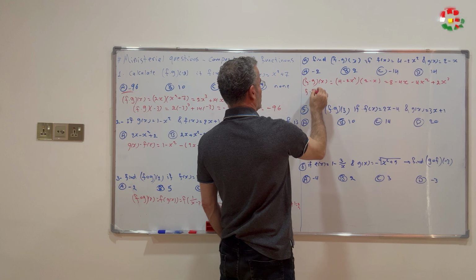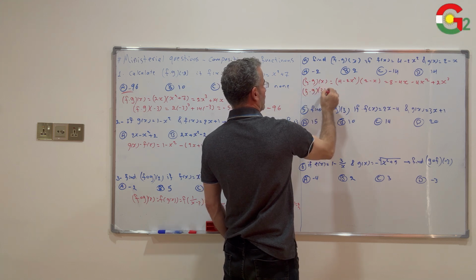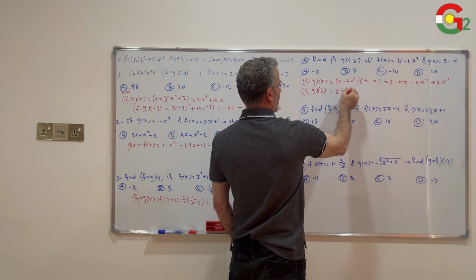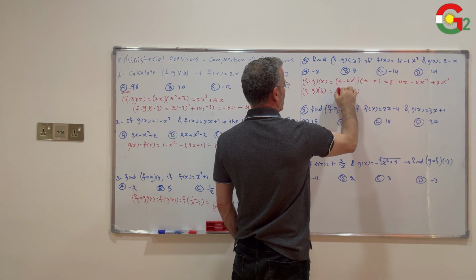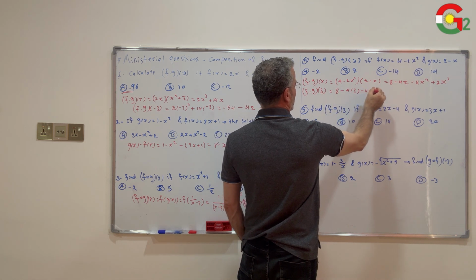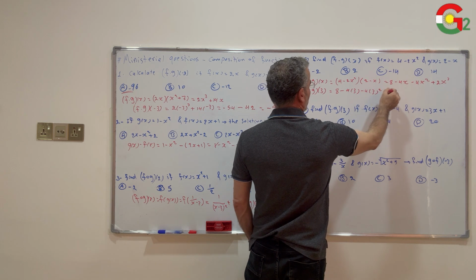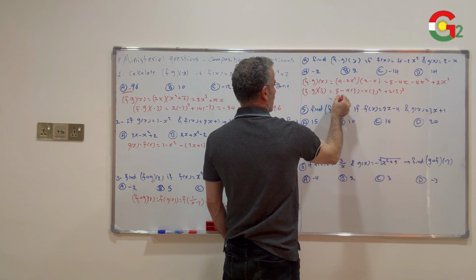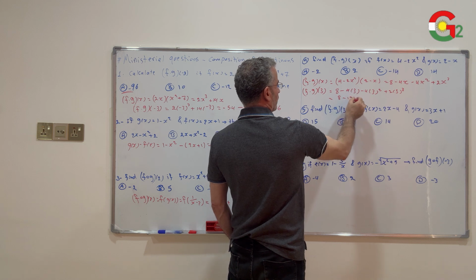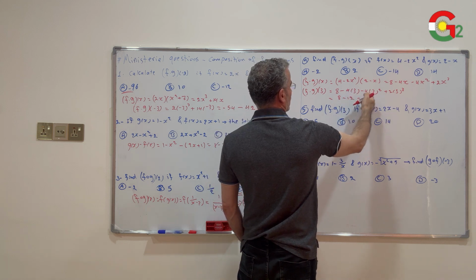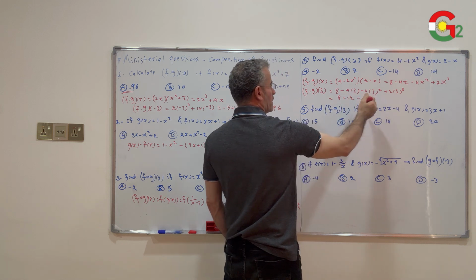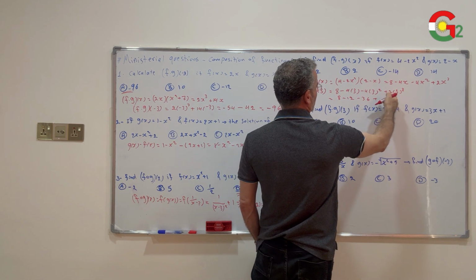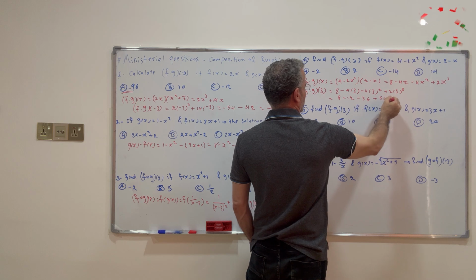Now f dot g of 3: substitute every x with 3. 8 minus 4 times 3 minus 4 times 3 squared plus 2 times 3 power 3 equals 8 minus 12 minus 4 times 9, 36, plus 27 times 2, 54.